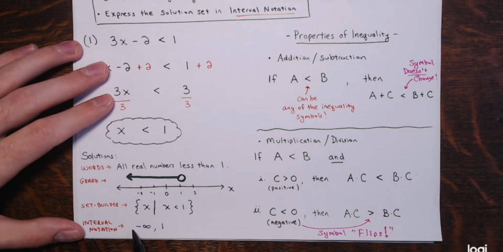And then you cap these off with either parentheses or brackets. Remember, you use parentheses when the number doesn't belong to the solution set or the interval, and you use brackets, those rectangular brackets, when the number does belong to the interval. Infinity or -infinity are not numbers.